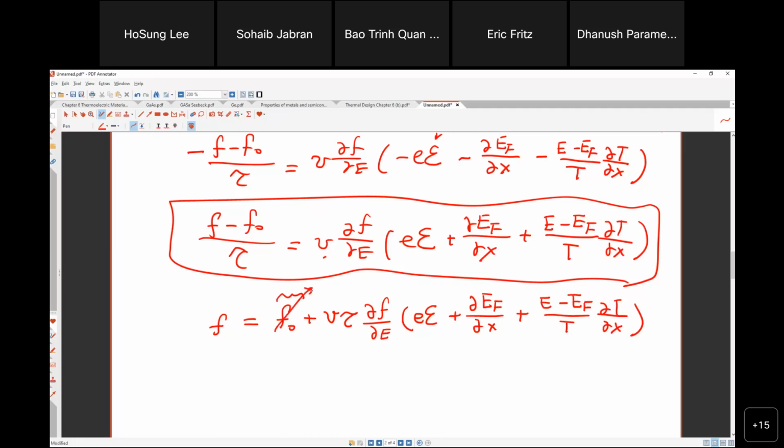So this is very close to, so they use velocity and the relaxation time rather than f.